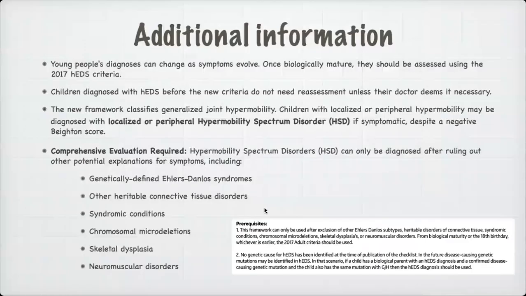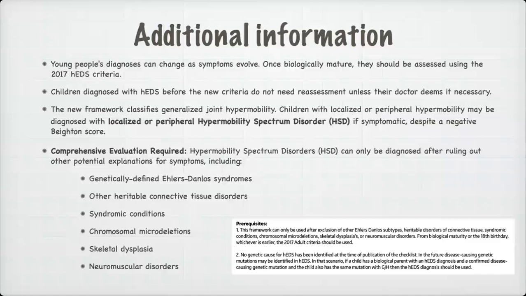There's some additional information before we wrap up this particular study. Young people's diagnosis can change as symptoms evolve, and as they have, let's say, an ankle sprain, or a car accident, unfortunately, or another diagnosis. Once they're biologically mature, they should be assessed using the 2017 HEDS criteria.